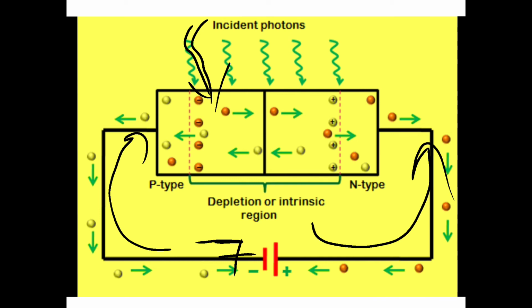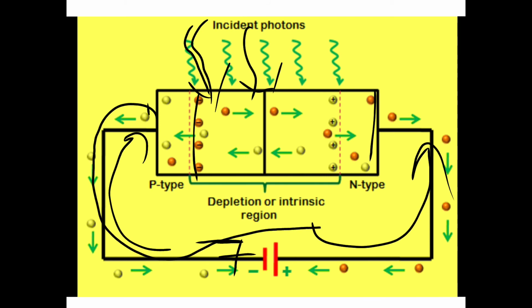The incident photons create a large number of electron hole pairs, and these electron hole pairs are swept away by the built-in electric field generated across here, and hence the current is generated in the direction from p side to the n side. This will be the direction of the photocurrent generated in the photodiode.